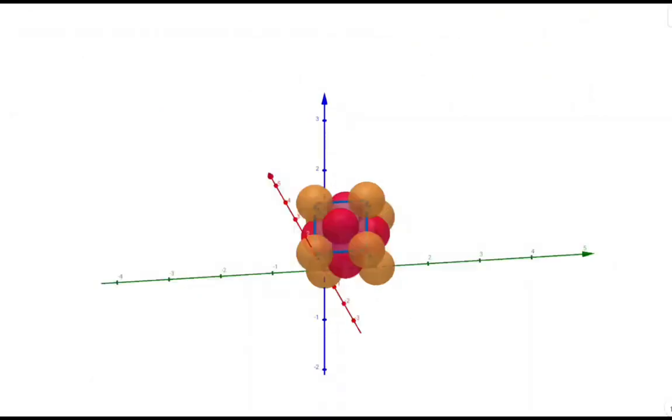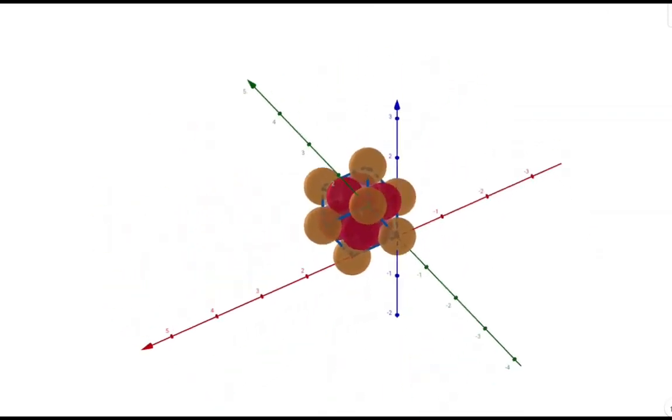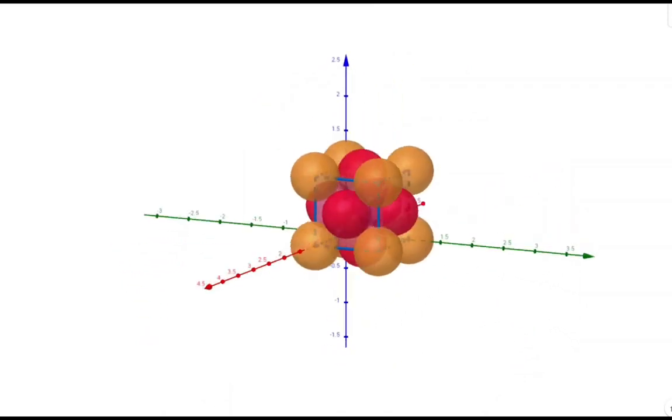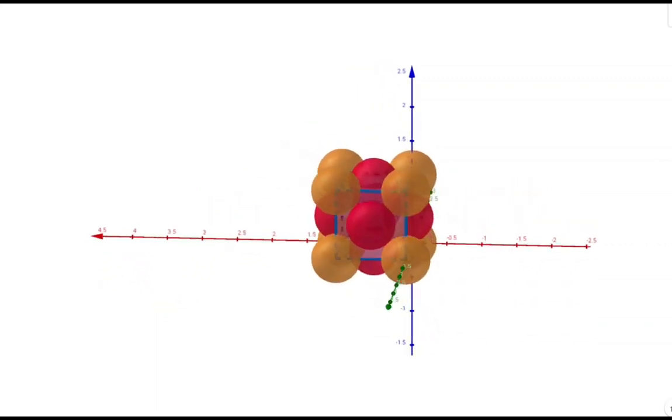Now the third type of cubic crystal is face-centered cubic. Now this one here, in the middle of each face of the cube, there is an atom like this one here, the red ones, and again all atoms have to be the same type.